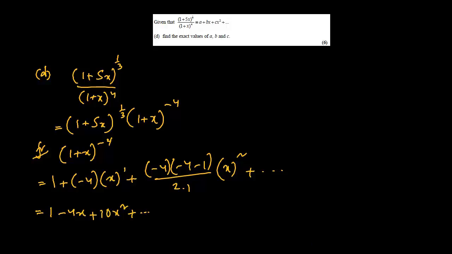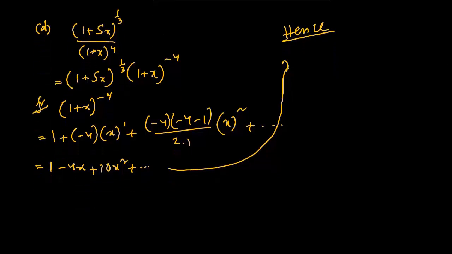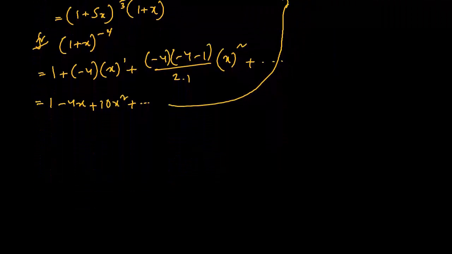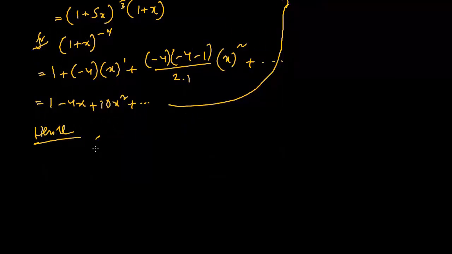Now we can expand. Let me do it over here because there's no space. So the expansion, the first one is (1 plus 5x) to the power 1 by 3, and the other one is (1 plus x) to the power minus 4.